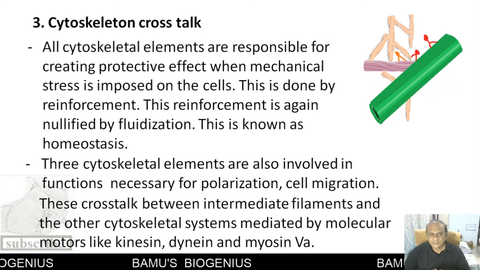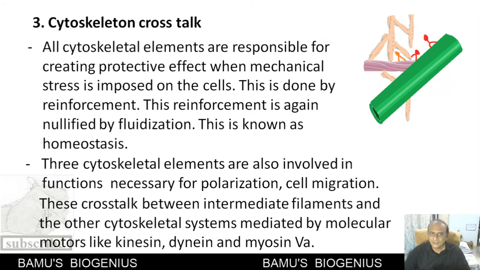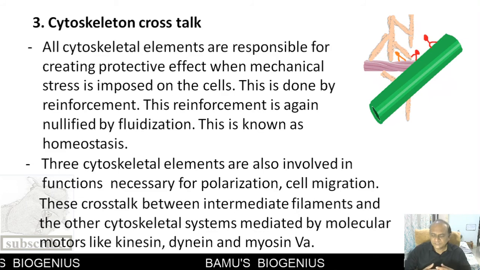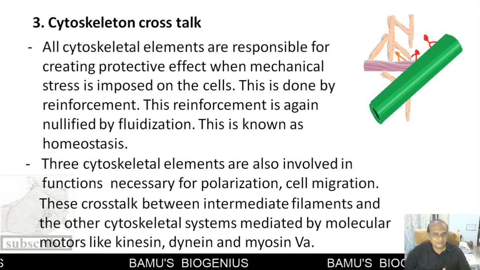Then these cytoskeletal elements are also involved in necessary functions, for example, polarization and cell migration. The interaction between these cytoskeletal elements is mediated by the motor proteins, that is kinesin, dynein, or myosin 5A.